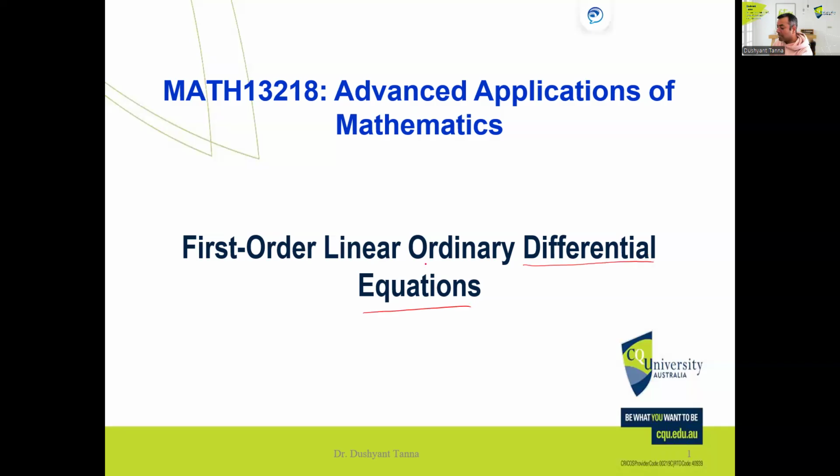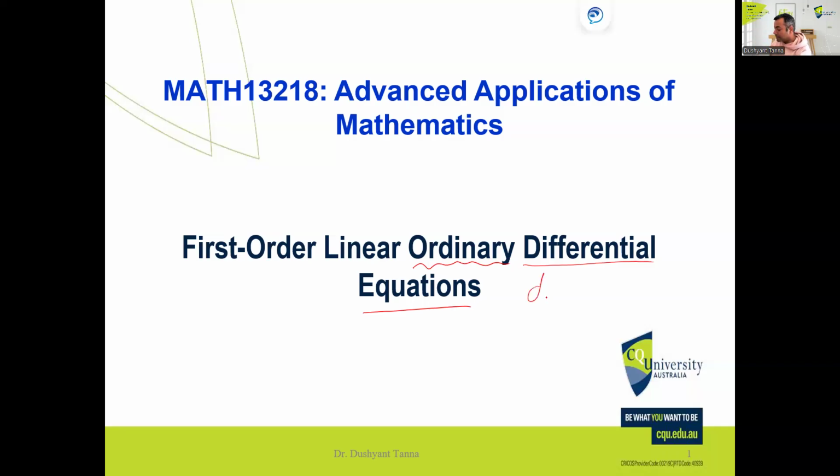Now we talk about the word ordinary, right? Ordinary and partial are two types of differential equation. In ordinary, everything is dy by dx, nothing partial. For partial differential equation, say you got an equation x squared plus 2xy plus y squared. You'll have a different approach for ordinary and partial.